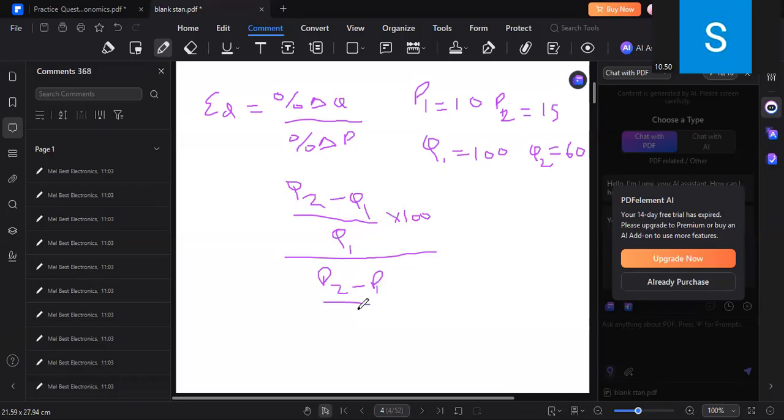Q2 is 60. 60 minus 100 over 100, what do we get? Times 100%.